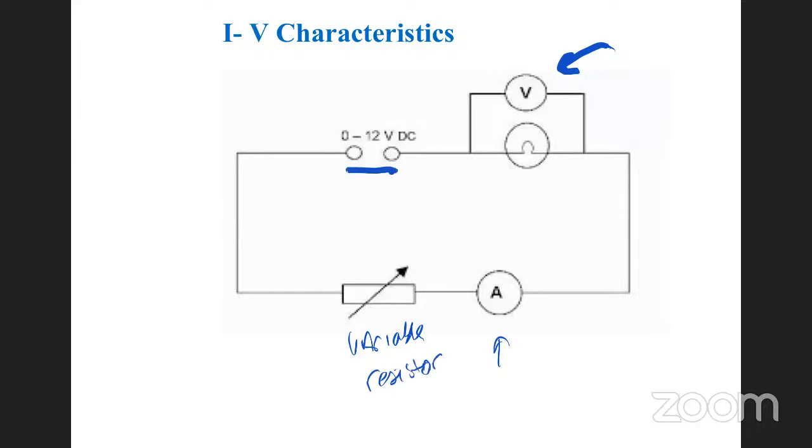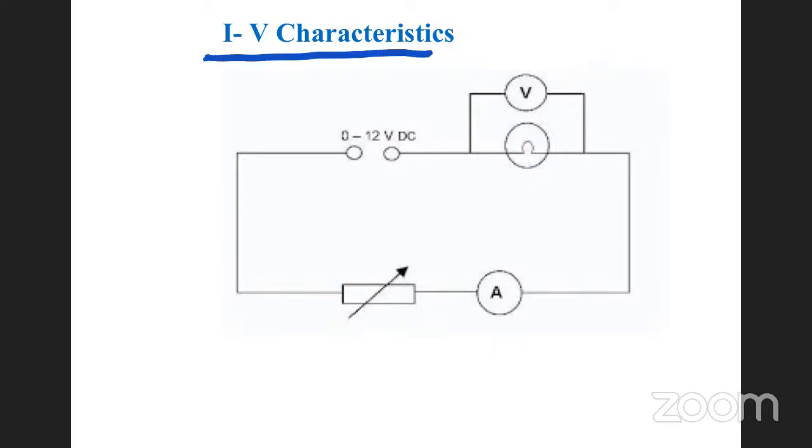You have your supply and you have your load. If you want a filament lamp, you put the filament lamp in the middle. If you want a conductor, you put a conductor. If you want a diode, you put a diode. But every time you see IV characteristics, this is the circuit that you run through.